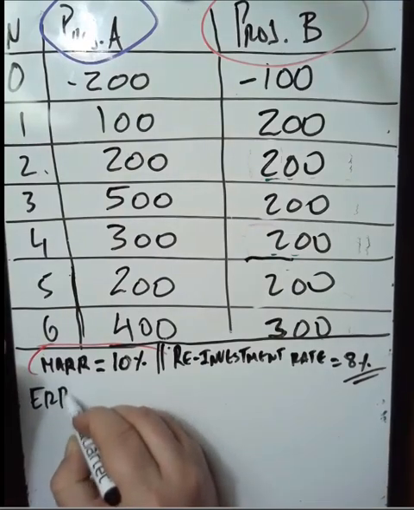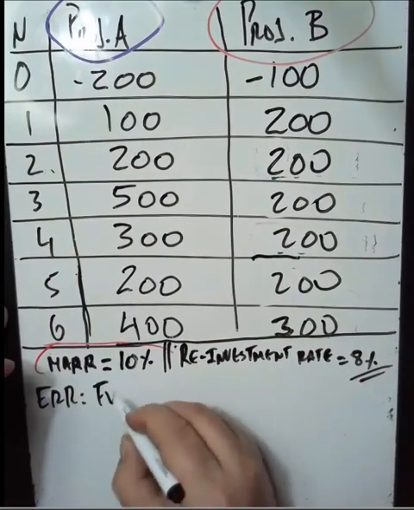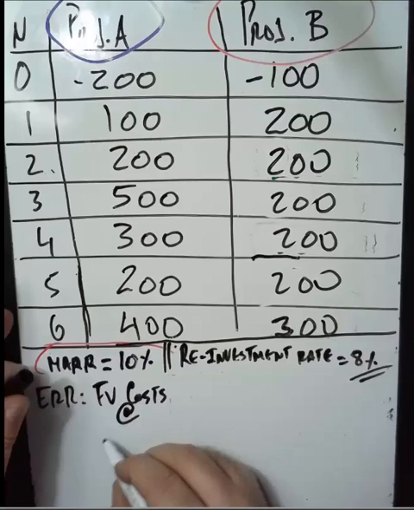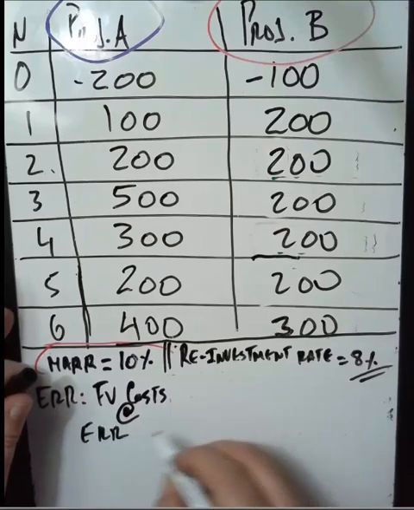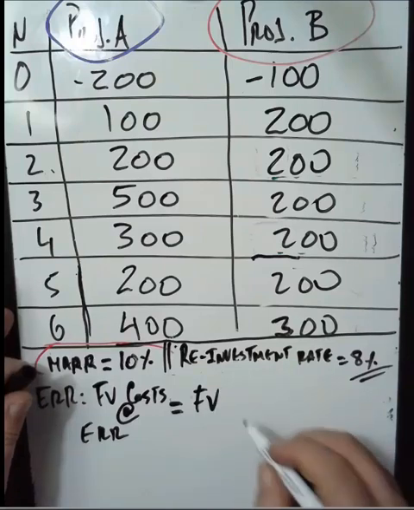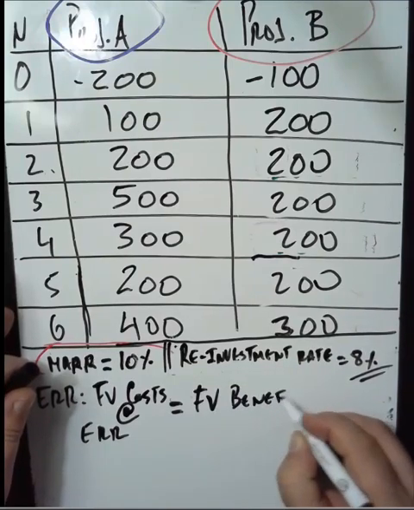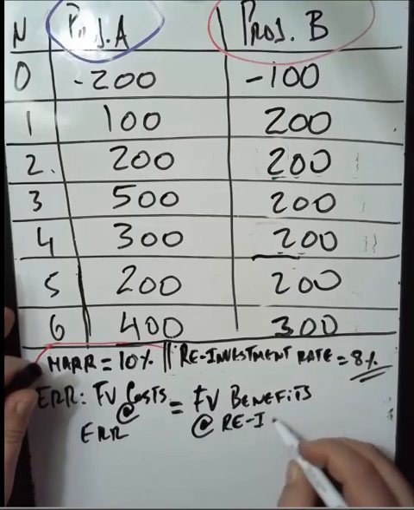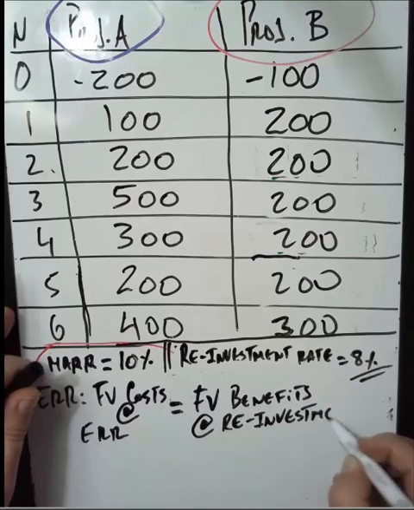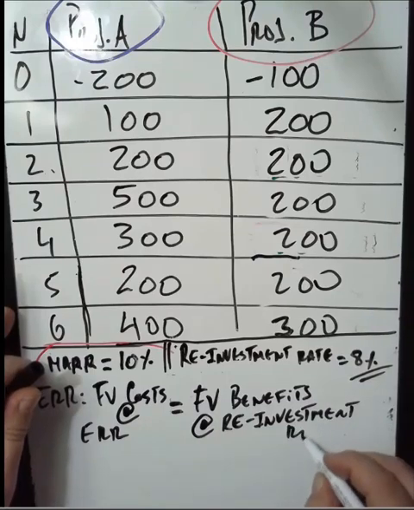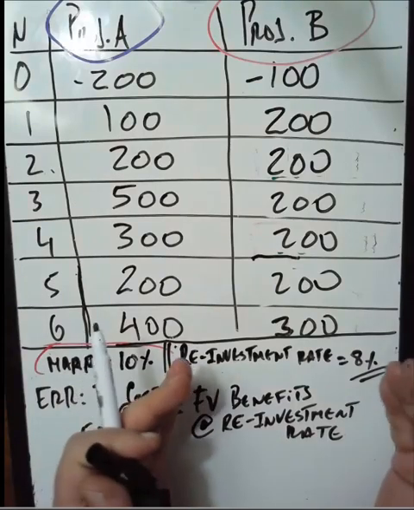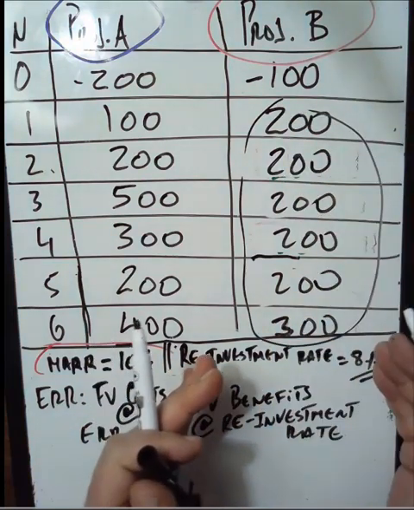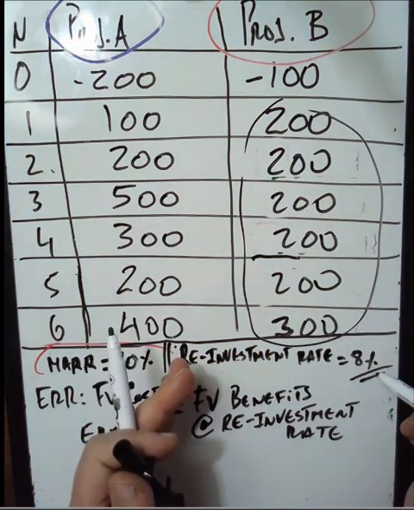The concept of the external rate of return is that the future value of all costs, evaluated at the external rate of return, must equal the future value of all benefits, evaluated at the so-called reinvestment rate. What it means is that we're going to compute the future value of these cash flows, for example for project B, allowing them to earn 8%.